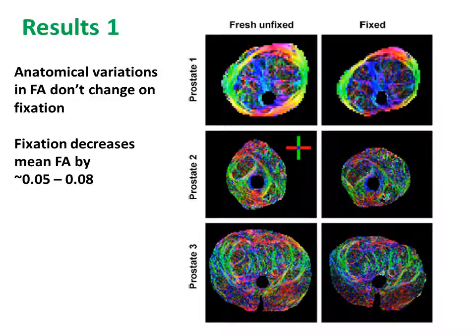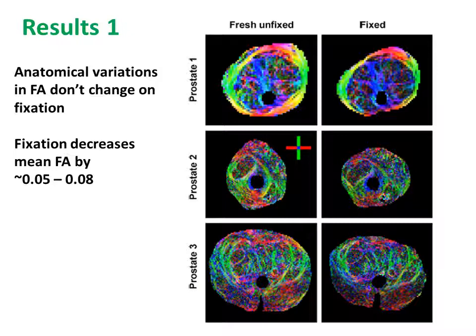It's interesting to note here that the amount of change varies from prostate to prostate. So in prostate 1 and 3 here, we don't see a lot of change in the shape of the prostate, but in prostate 2 there was quite a big difference in the shape of the organ before and after fixation. We're not sure about the cause of this, but it probably relates to the kind of connective tissue and the stromal fiber orientation within that prostate.